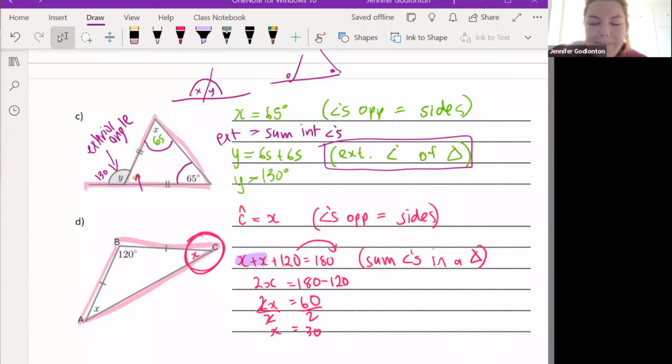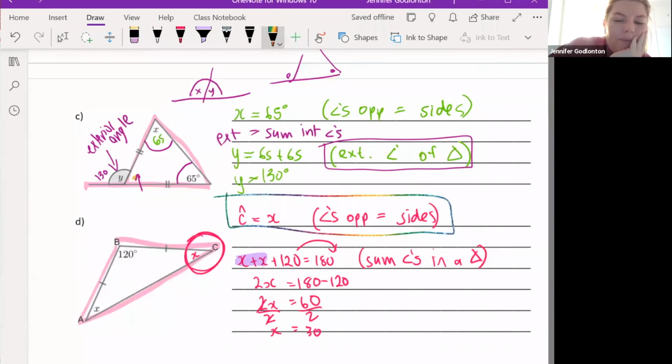Ma'am, I wanted to ask about D. So the way I did it, I said A plus B plus C is equal to 180, sum of angles of a triangle. Then at the bottom, I said X plus 120 is equal to 180. So would I get it wrong, the A plus B plus C? You would lose these 2 marks because you have to at some point say that C is equal to X. You can't just assume it.